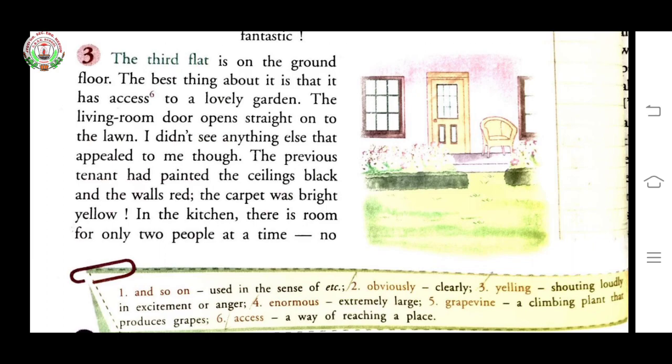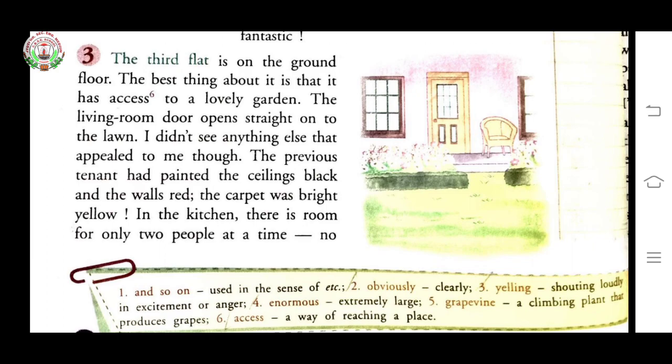And she said the previous tenant, a person who pays money, means whoever was living there earlier, had painted the ceiling black and the walls red.